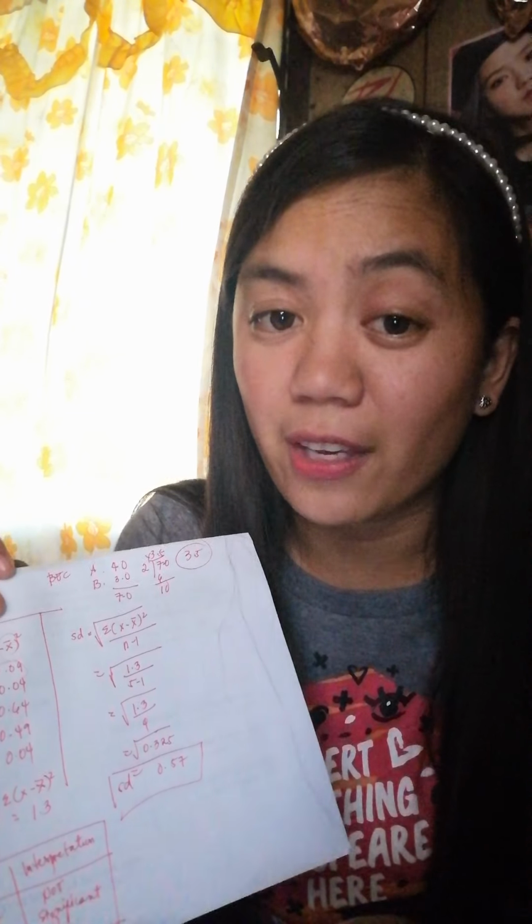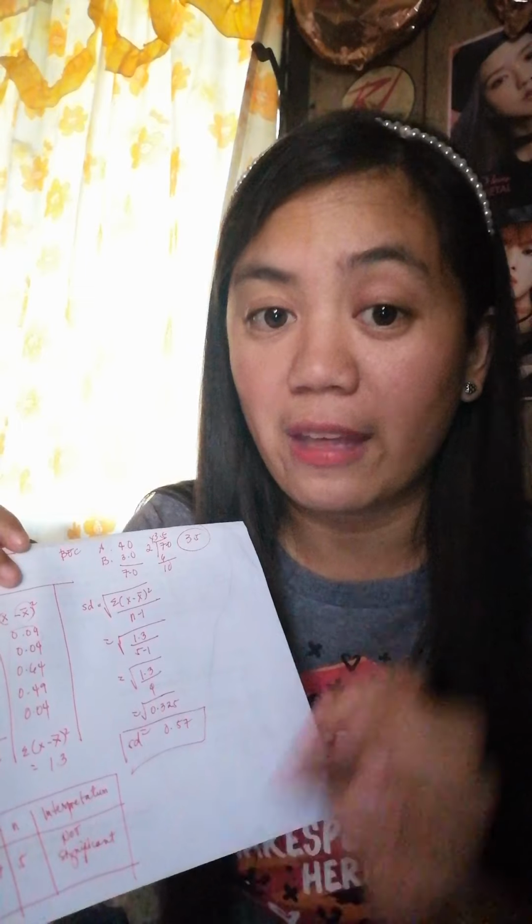So if your hypothesis is there is no significant difference, and once you solve everything the interpretation is significant, you have to reject your hypothesis because your hypothesis is not the same as the result.